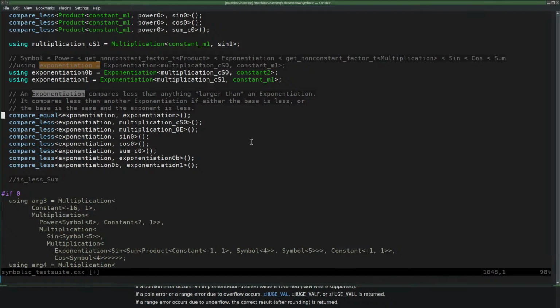I didn't do multiplications yet, so maybe I just want to have the exponentiation first. So I really only want to compare it with anything that it is less than. So it would be a multiplication of a constant with any of these things. And I only have sine is 0, which is this one.